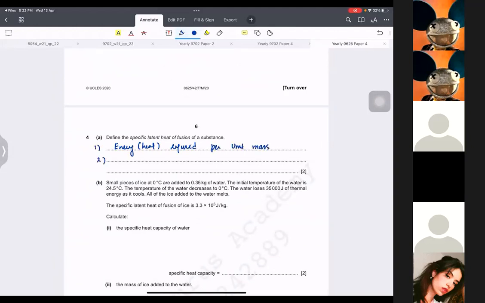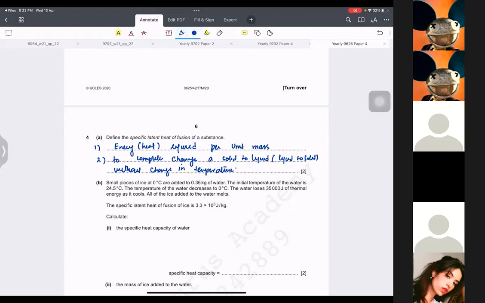The second mark should be to completely change a solid to liquid, or you could write liquid to solid, without change in temperature.